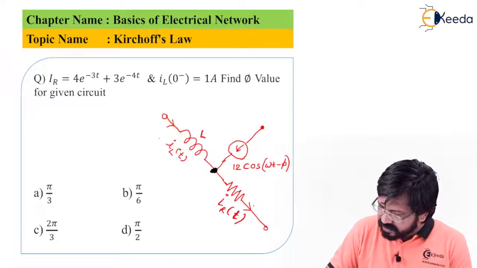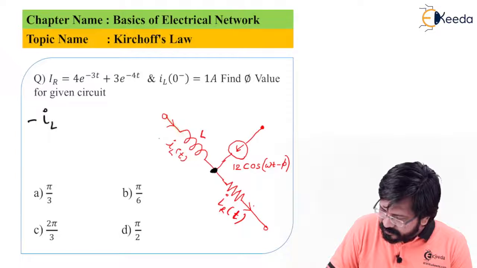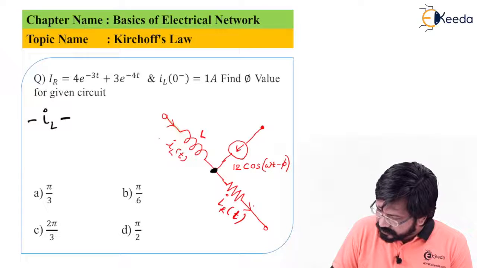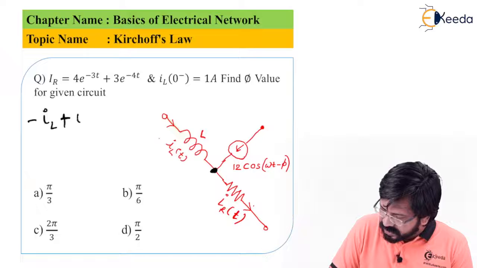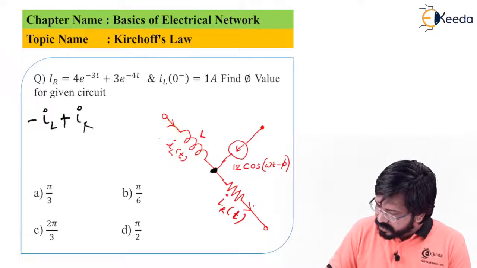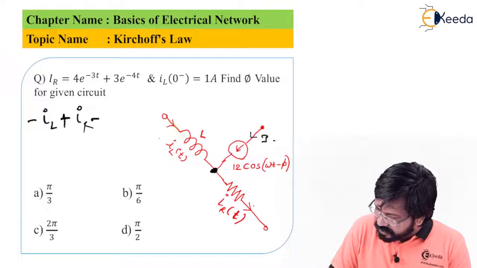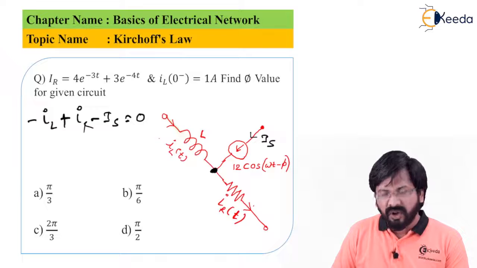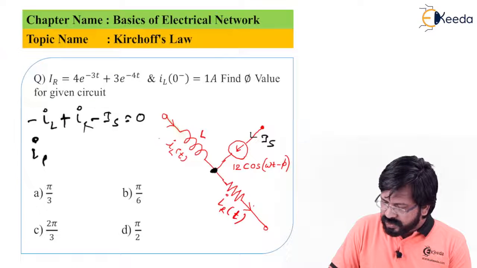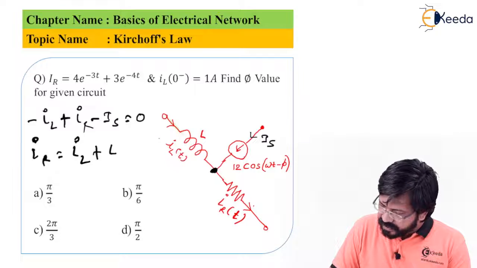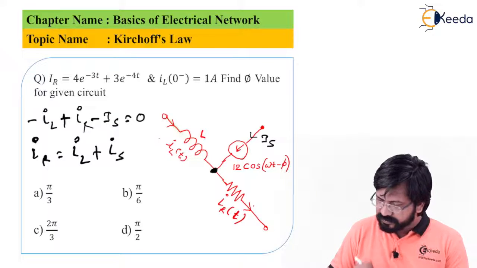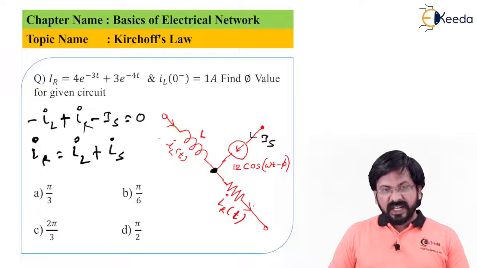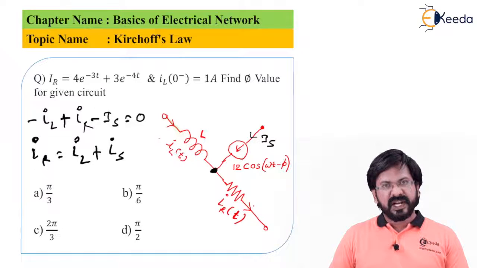So I can say minus IL minus IS, and plus IR because it is outgoing, equal to 0. Or I can say that the current through the resistor will be equal to IL plus IS. So IR can be written as IL plus IS.